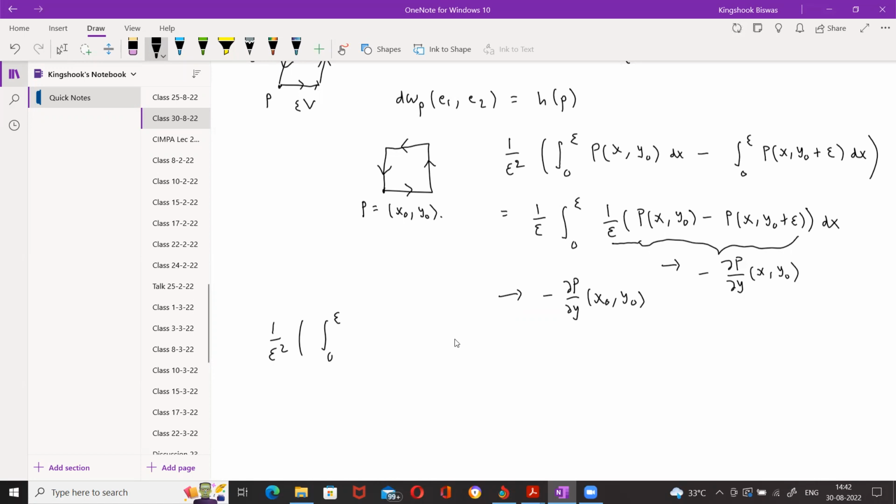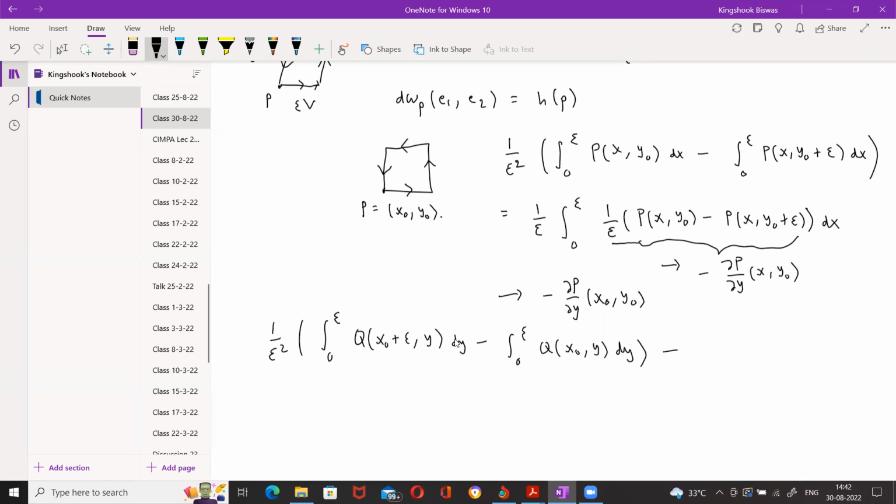So I'll get q of x naught plus epsilon, y dy, minus the other side, integral 0 to epsilon of q of x naught, y dy.